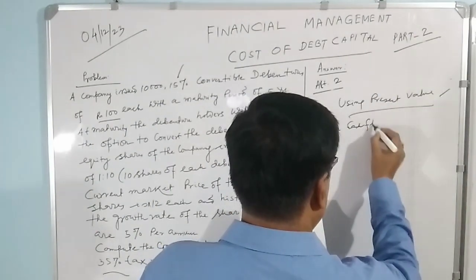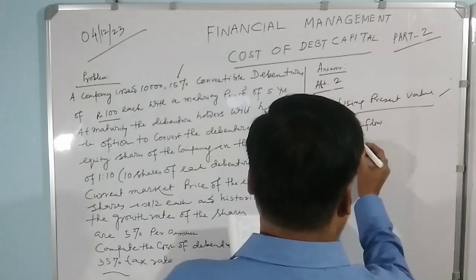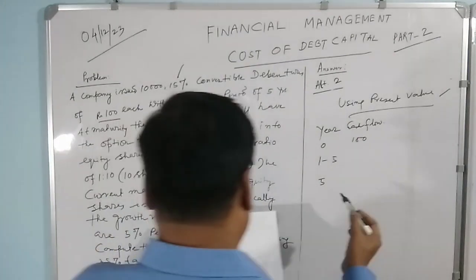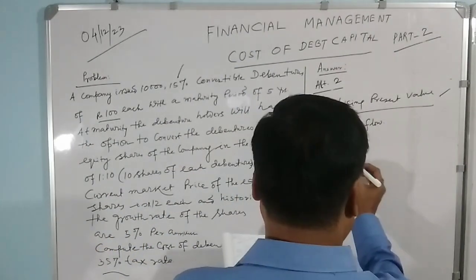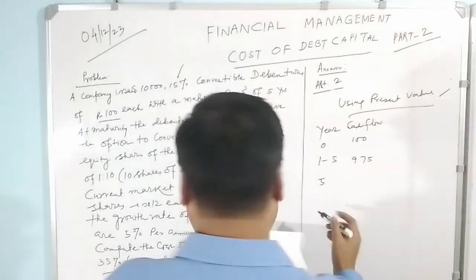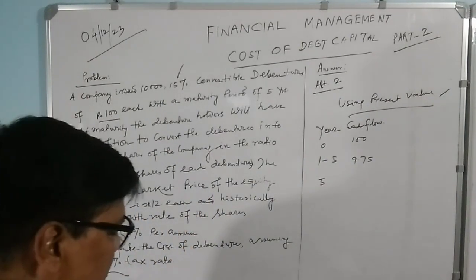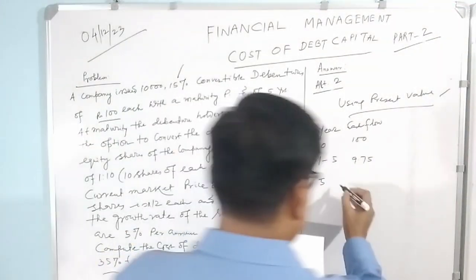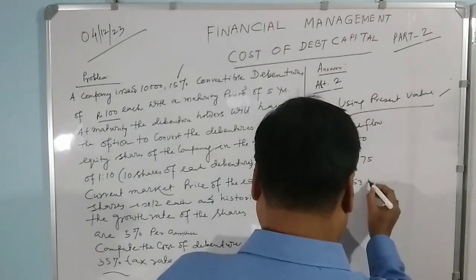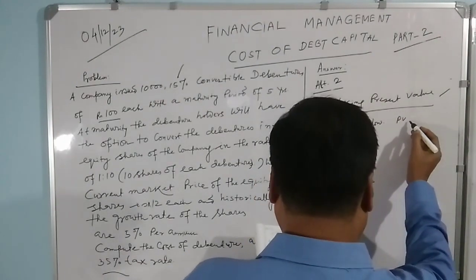Initially in year 0 it will be 100 rupees, and in years 1 to 5 this will be 9.75. So that calculation will be there, and in the fifth year you will be getting the redemption value of debentures, 153.12. Now you have to calculate present value.